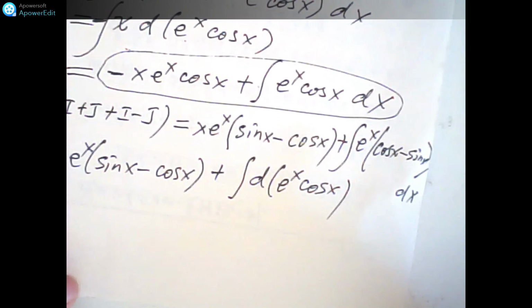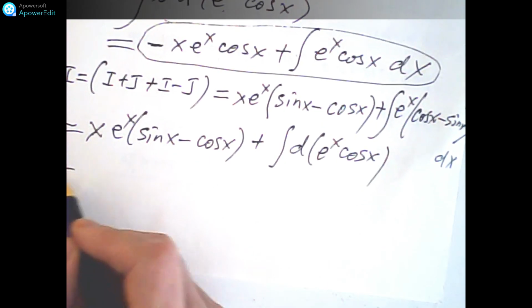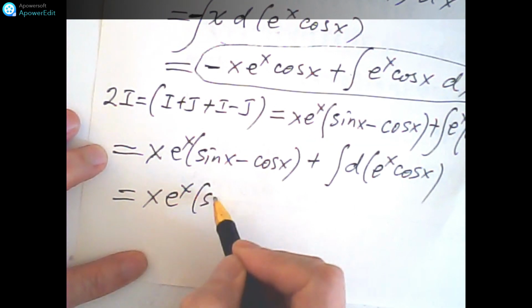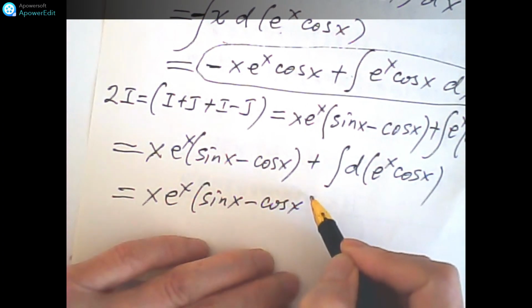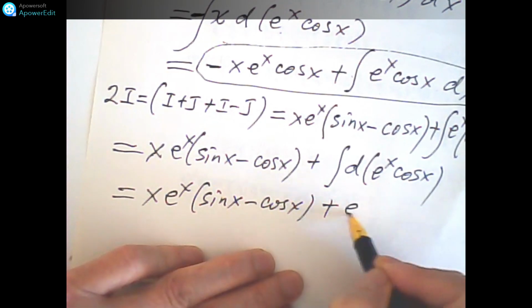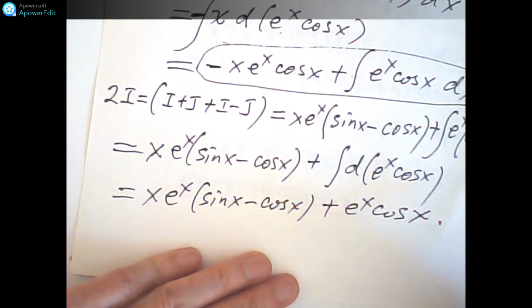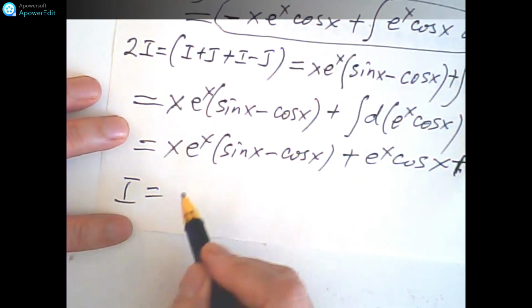Yes, it's correct. So it ends up with x e to the x (sine x minus cosine x) plus e to the x cosine x, plus C, right?